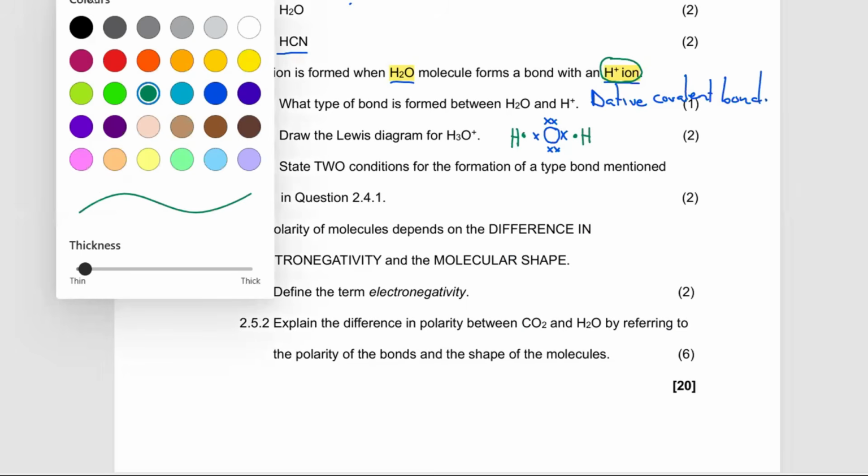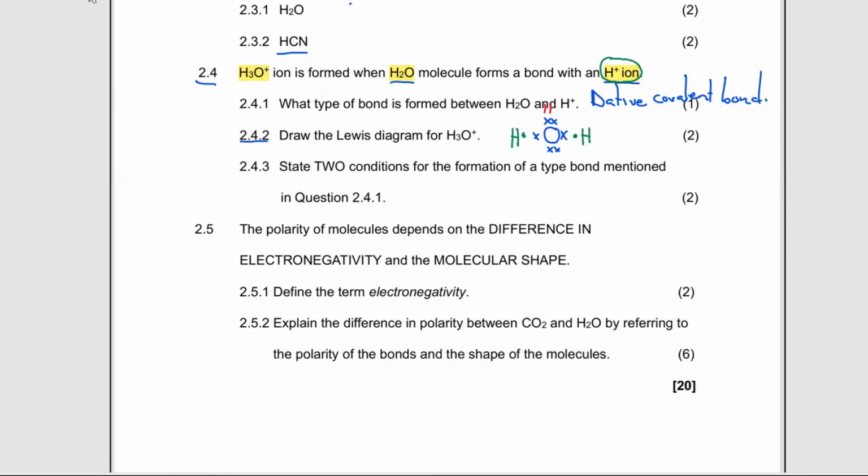Let me use a different color, red, so that you can see it. So that's your H plus. After that, you represent this using a square bracket and put a positive on the outer end, to show that this is a dative covalent bond or a coordinate bond.